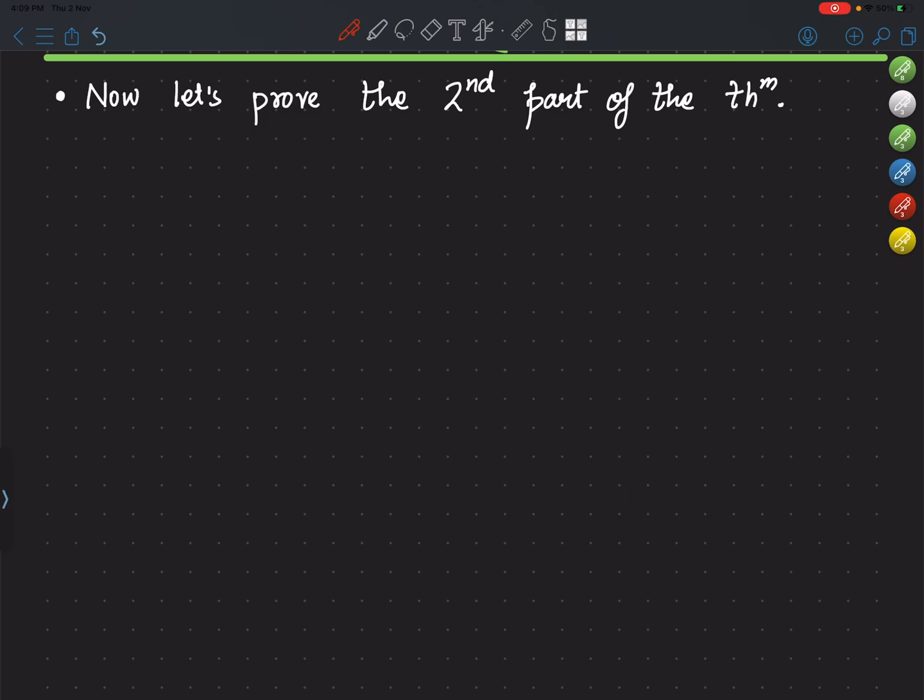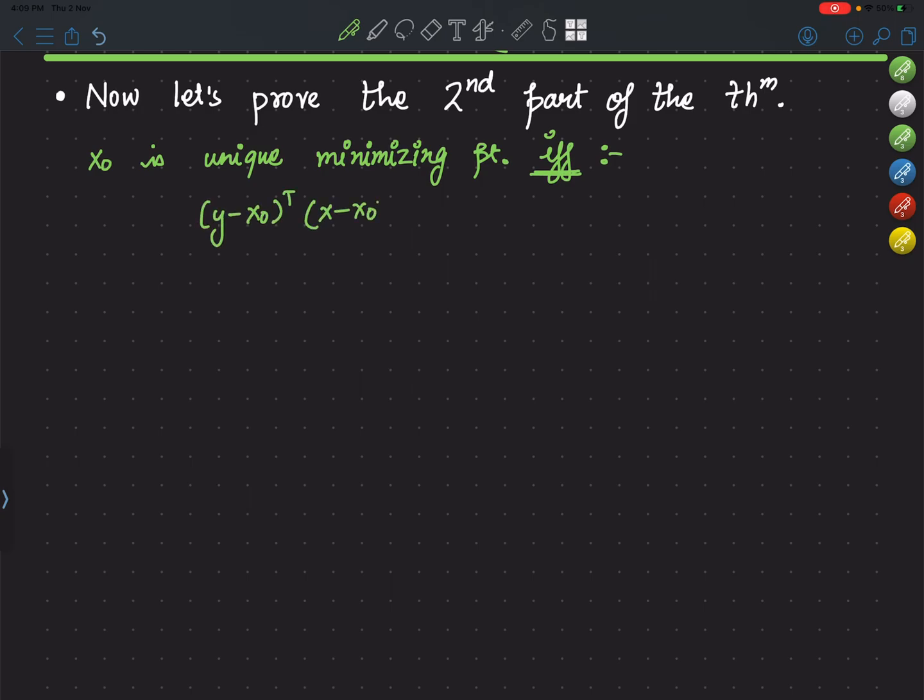What does the second part of the theorem say? x₀ is the unique minimizing point if and only if (y − x₀)ᵀ(x − x₀) is non-positive for all x belonging to S. So for all points in S, the angle between the line joining any point in S and x₀, and the line joining y and x₀, should be a non-acute angle.